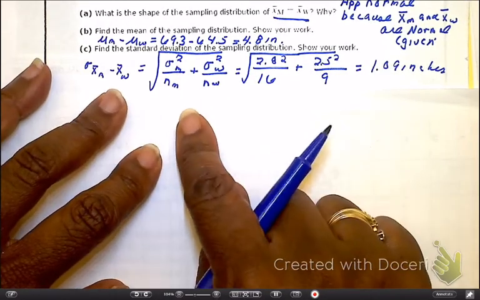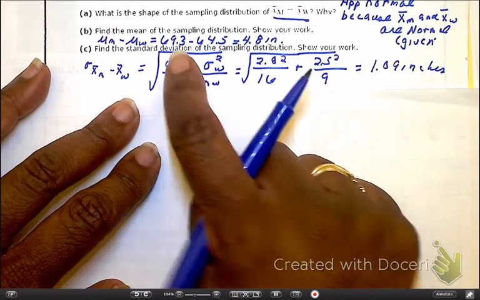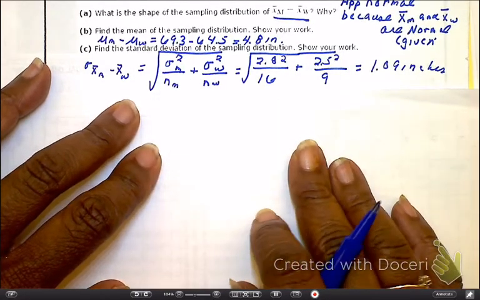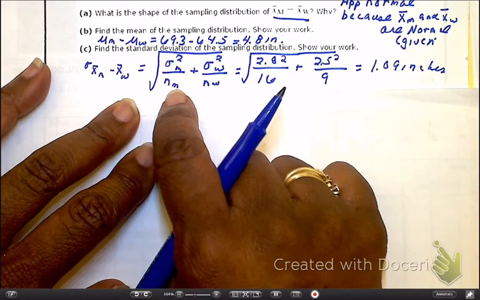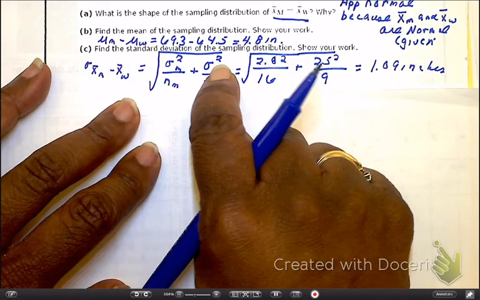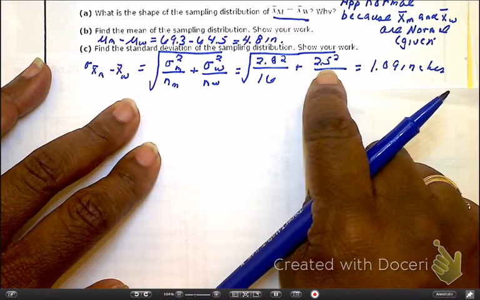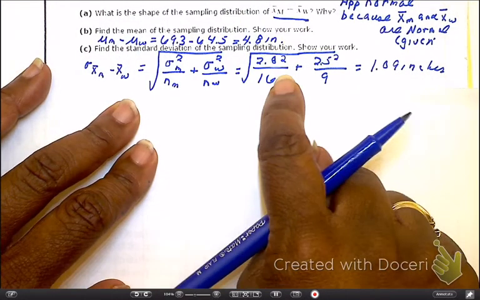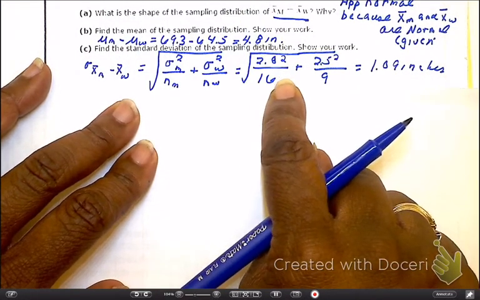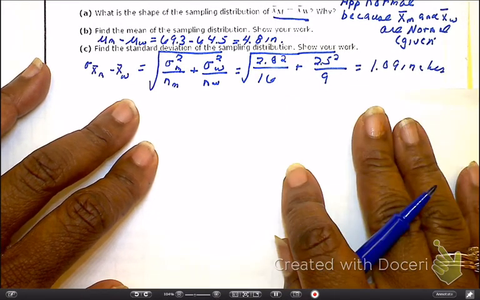I've got this hideous formula. What is that sigma squared? Sigma squared represents the variance: the variance of the men divided by the number of men, plus the variance of the women divided by the number of women. Here are the values. Recognize that I had to take the standard deviation and square it because that represents the variance. Crank it in your calculator, and that is your output.